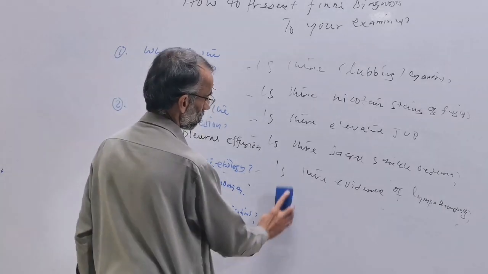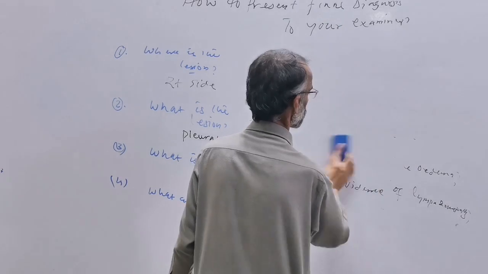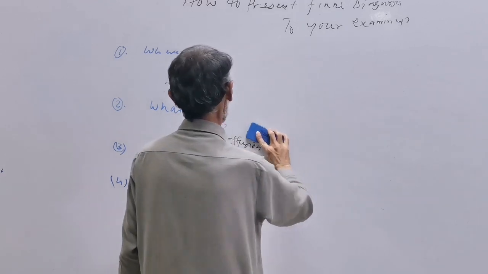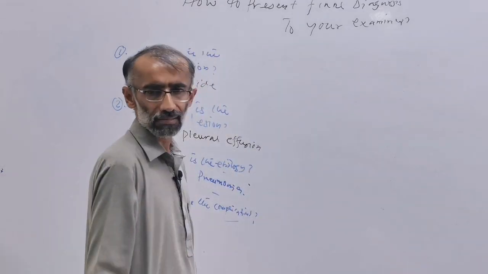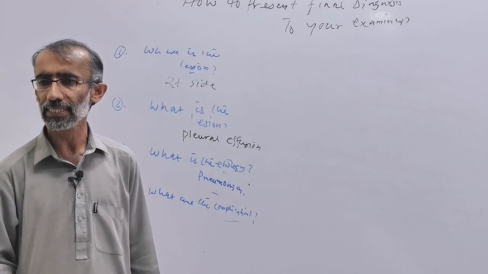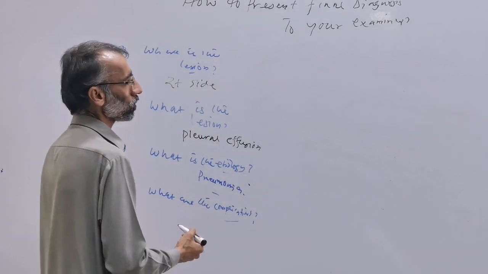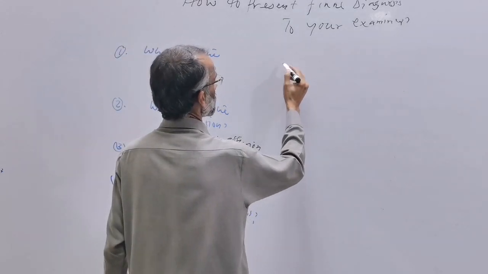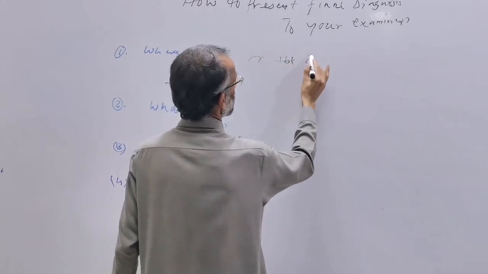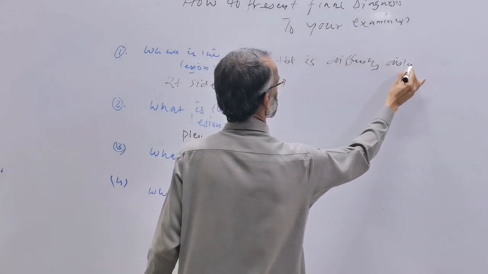Let us take another example. You are asked to examine a patient who presented with a distended abdomen. On examination, you found that the abdomen is diffusely distended.